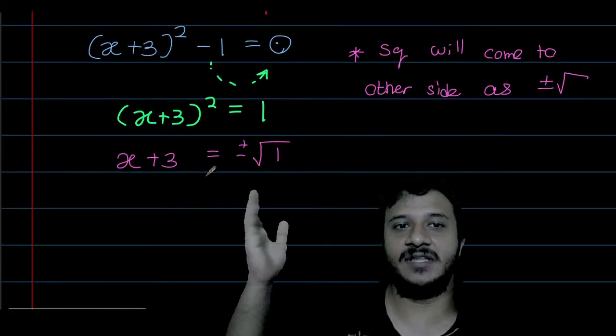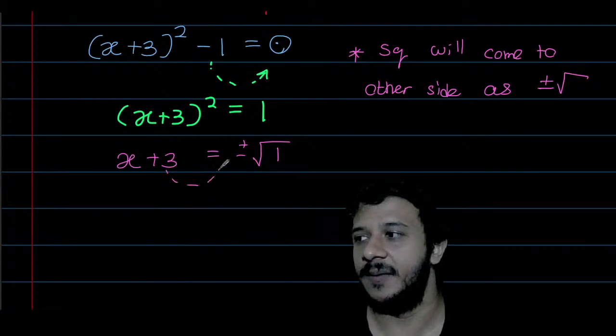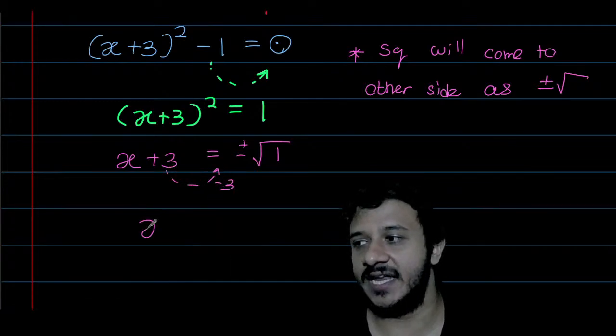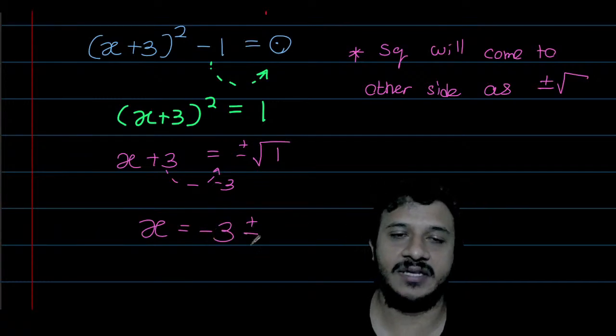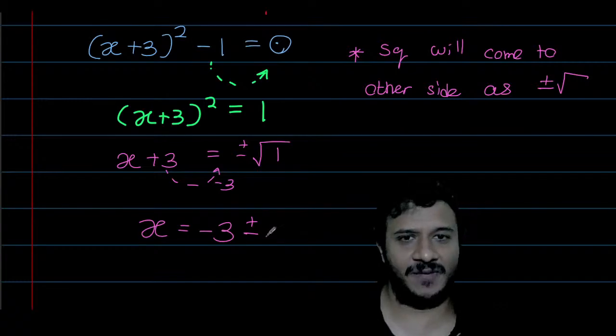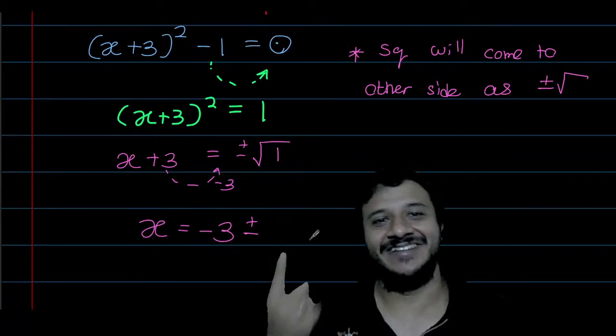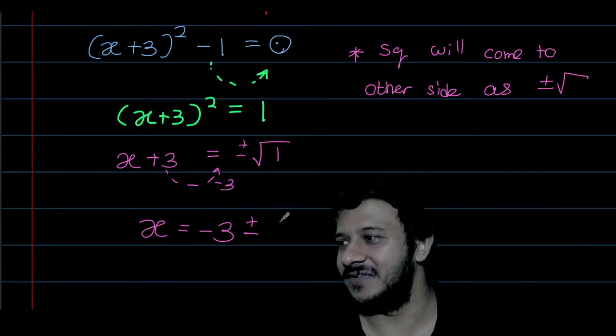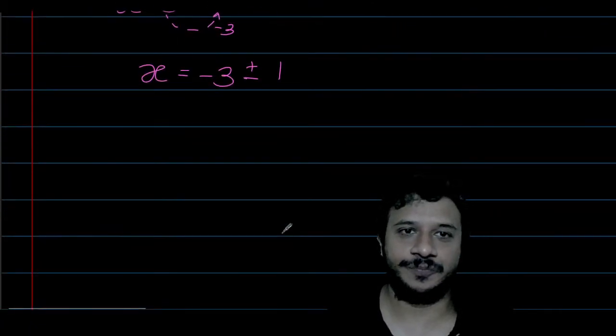Then this plus 3 will come to the other side as a minus 3, and we will get x is equal to -3 plus or minus square root of 1. We already know the value. What is the square root of 1? It's just a 1, right? So we will just write a 1 there.